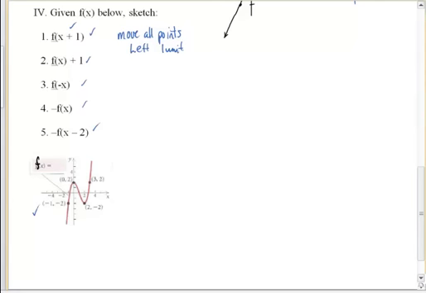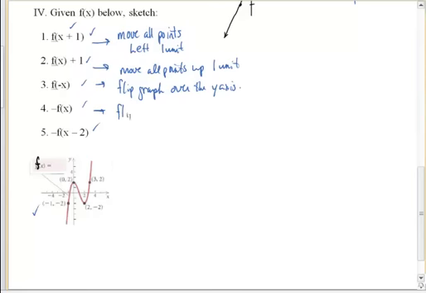On the next one, that one's telling you to move all points up 1 unit. The next one, you want to flip the graph over the y-axis. The next one, you want to flip the graph over the x-axis.